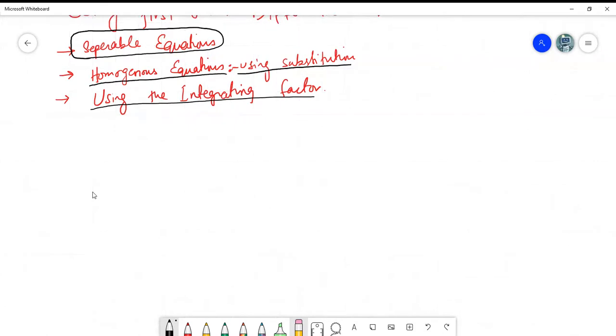So let's see what a differential equation which is separable looks like. This is perhaps the easiest example of what a separable differential equation looks like. So basically, what it entails is we have to separate the x variable with dx and we have to separate y with dy.